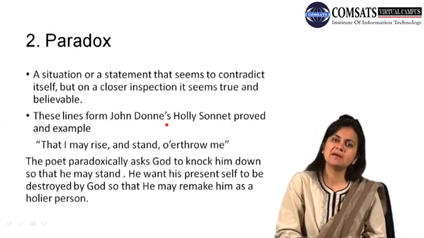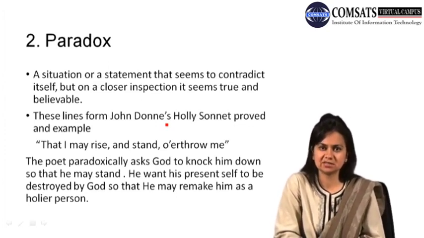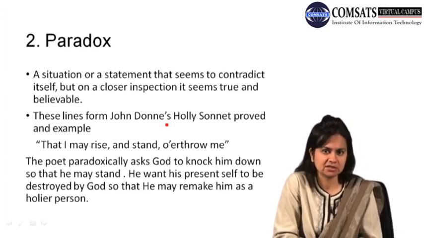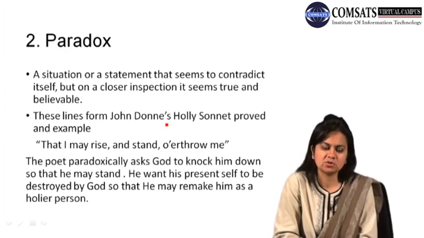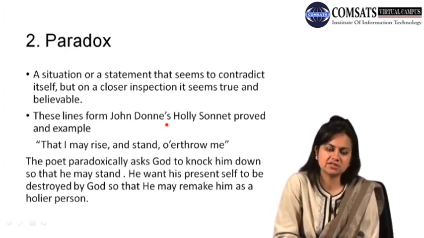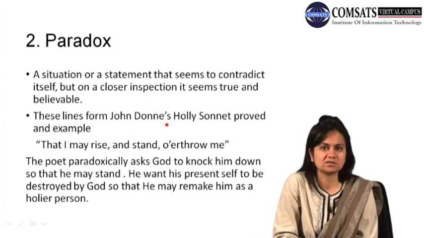What is paradox? Paradox is a statement, a sentence which reveals a thought that is unbelievable, that is incongruous. So, a situation or a statement that seems to contradict itself, but on closer scrutiny proves true or right, is what a paradox is.